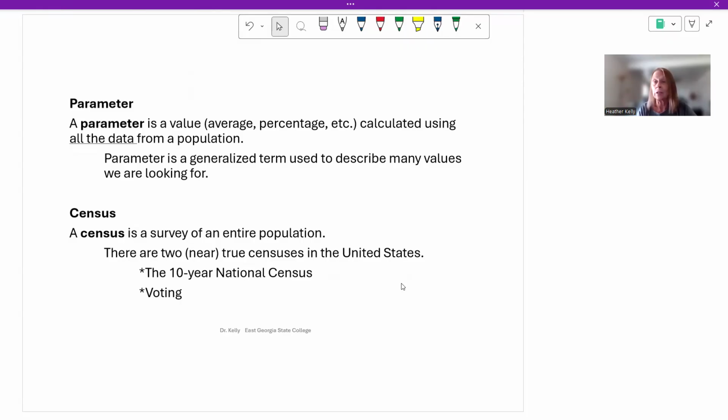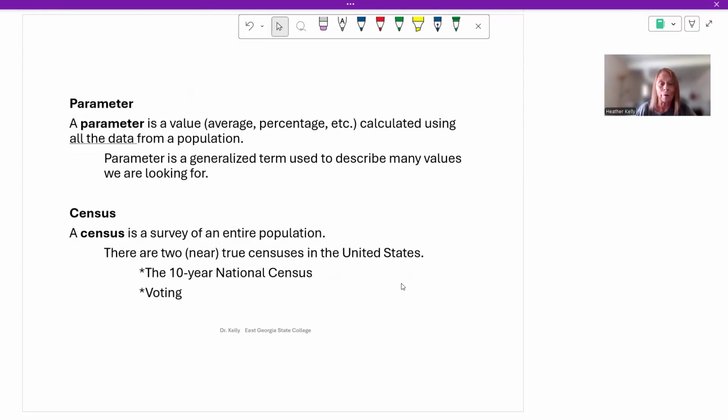There is the 10-year national census, that's actually kind of been in the news lately, which goes along with redistricting congressional seats and such. And then voting. Voting is also something that is open in a limited way to the population.